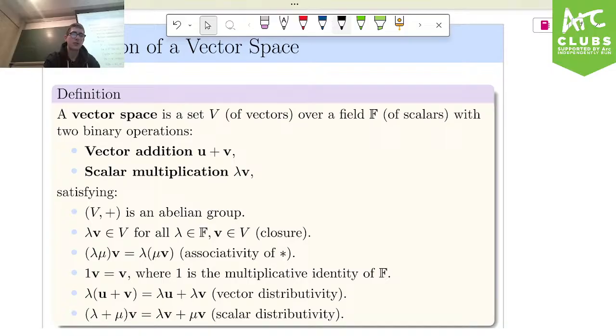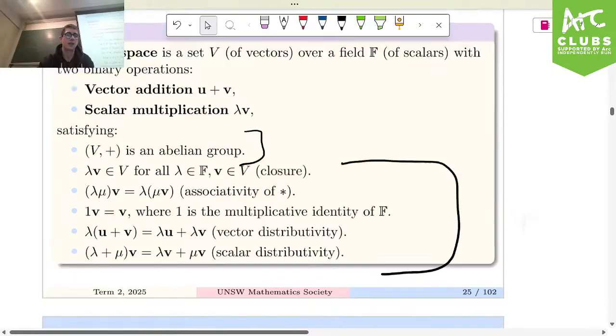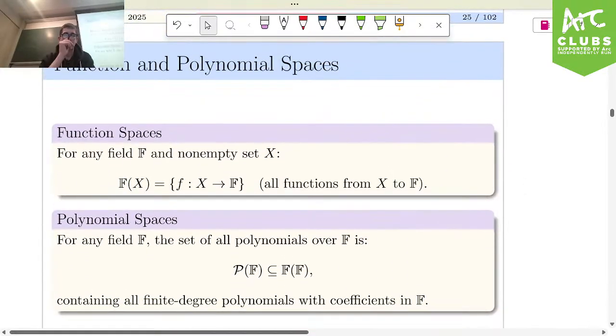So you have 2 operations for your vector space, addition and scalar multiplication, where the scalar multiplication follows these types of axioms, whereas addition follows a quite nice set of group type axioms. There are some examples you can have a look at. Throughout this course, you probably looked at some types of function spaces, where addition is element-wise evaluation of the function at a particular value, and scalar multiplication is element-wise stretching of that particular value.